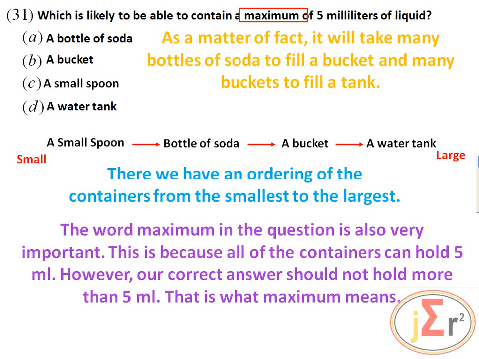All of the containers there can hold 5 milliliters and more, except the small spoon. So the word maximum tells us that it cannot hold more than 5 milliliters. That means it is very small and will hold 5 milliliters or less. So the word maximum is very important to the interpretation of the problem.